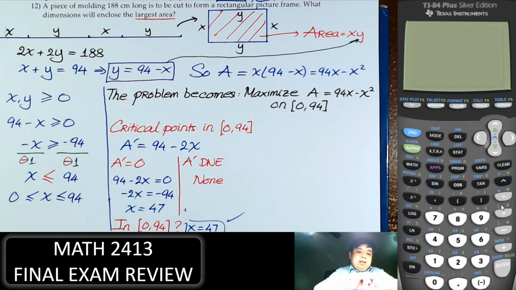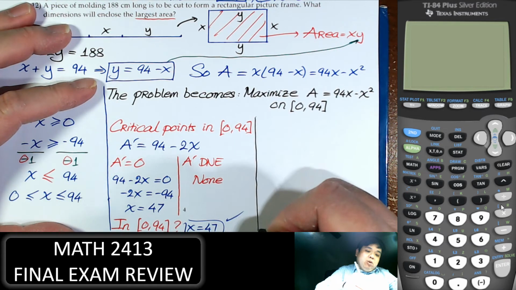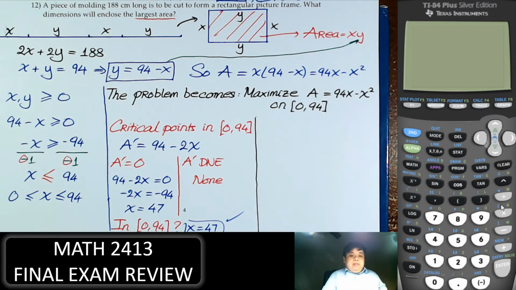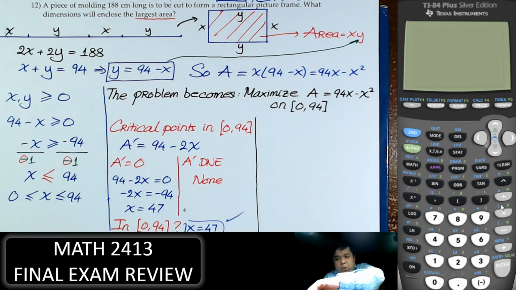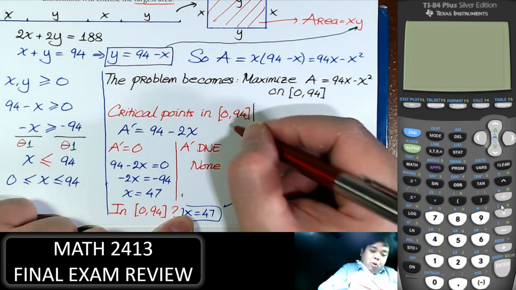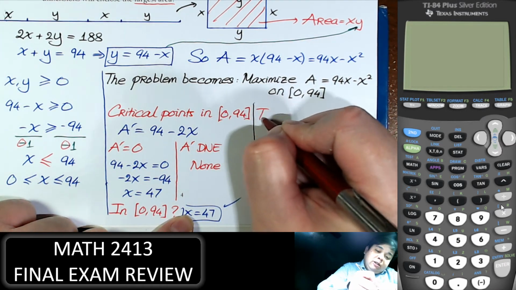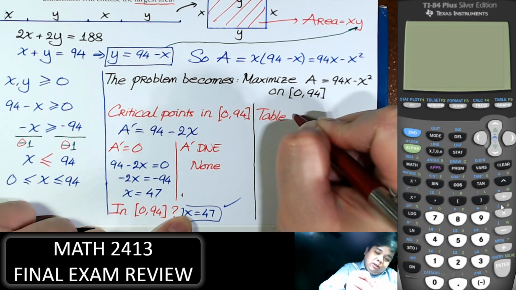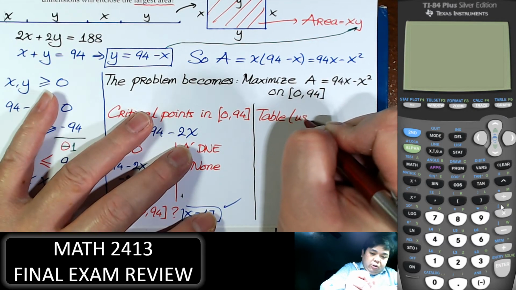Right, next we find the absolute maximum in this case. So we will use the table and compare every critical point along with the boundary, using the original function.